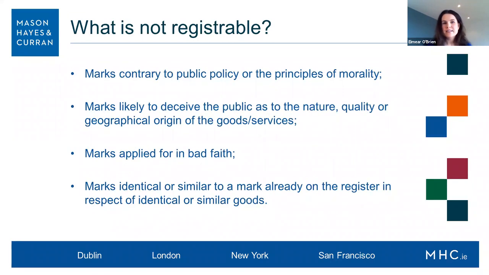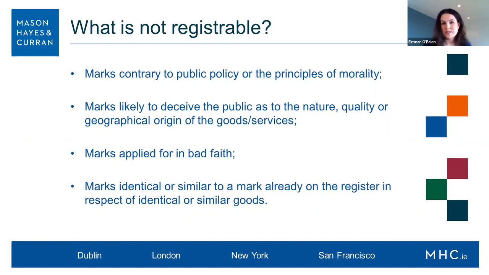We're looking at marks contrary to public policy or the principles of morality. So an example of a mark contrary to public policy would be Bin Laden, or any mark that is seen to promote terrorism, racism, or any concept contrary to public policy.